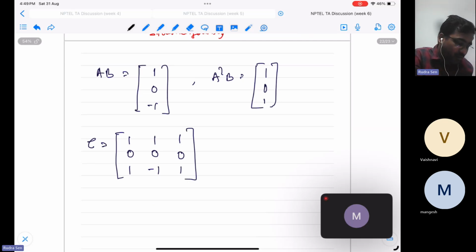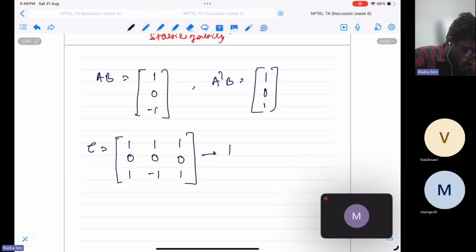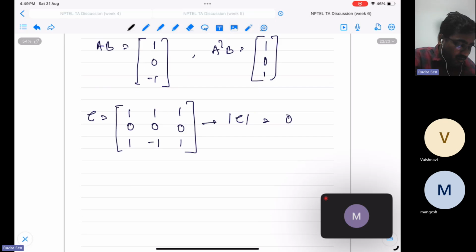You can see that there already exists one row fully 0. So the matrix is not full rank. Also this column and this column are identical. So I'm not going to do any determinant or row elimination. By observing the matrix, you can see that the determinant is 0.